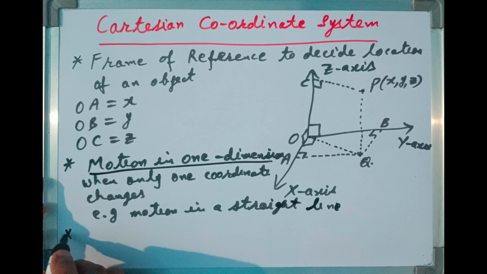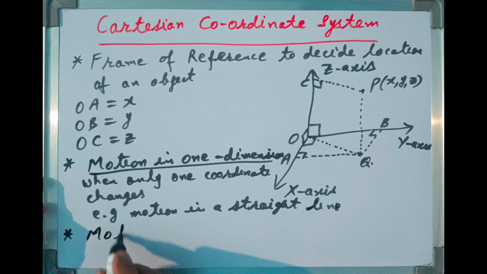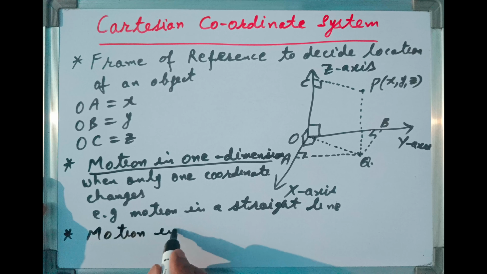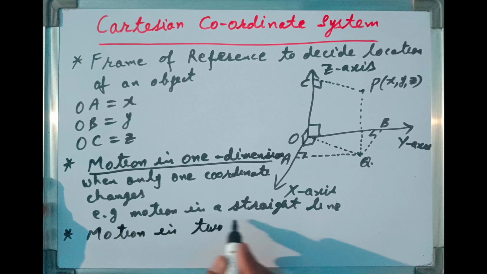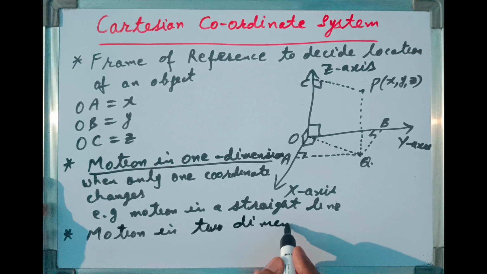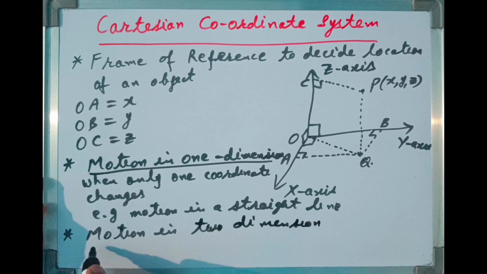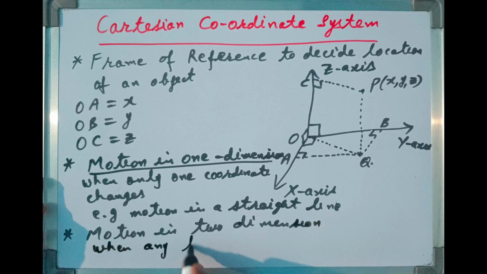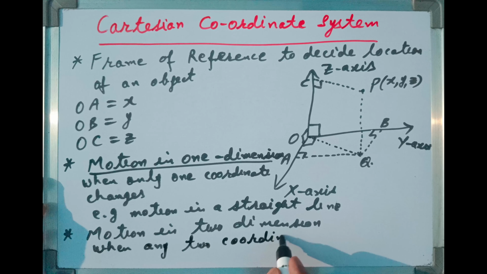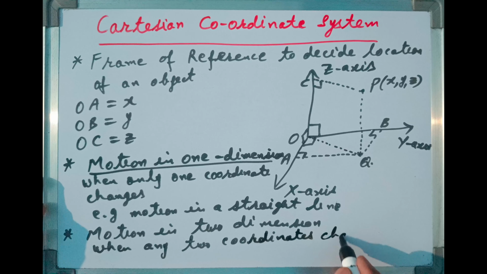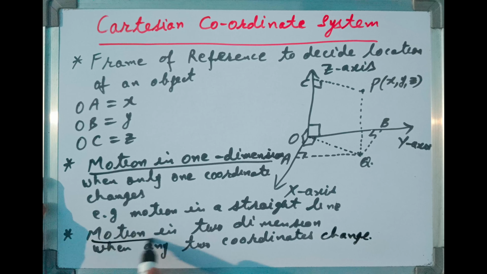Similarly, what is the meaning of motion in two dimensions? Motion in two dimensions means when any two coordinates change with the motion of the body. In this case, the body will move in a plane.